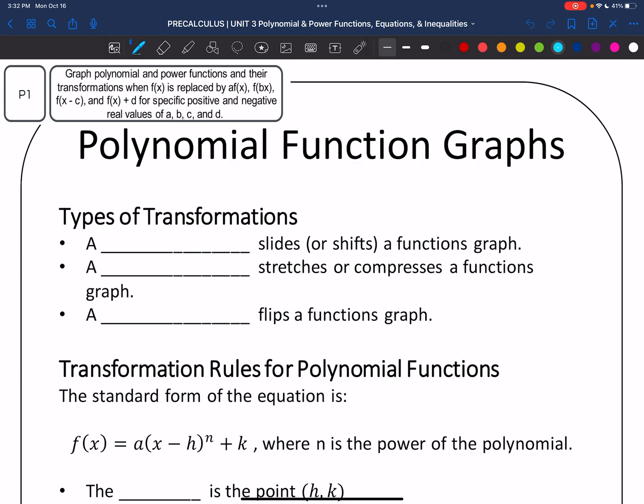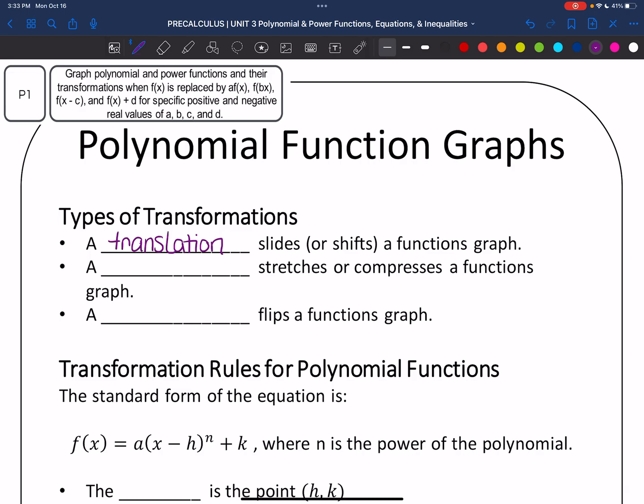The first type of transformation is a slide or a shift of our function graph. That slide or shift is called a translation.